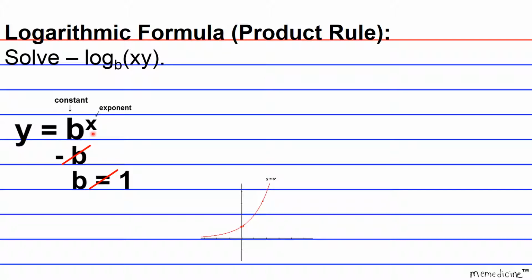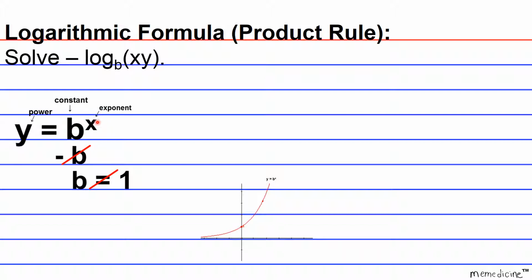The exponent is the independent or input variable x, the variable that runs along the horizontal axis on a coordinate plane. The dependent or output variable is called the power, y. Sometimes these two labels are interchanged, but that's a misnomer.